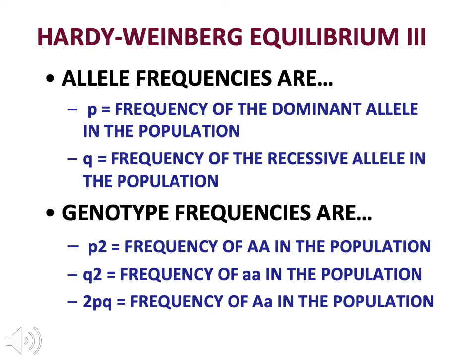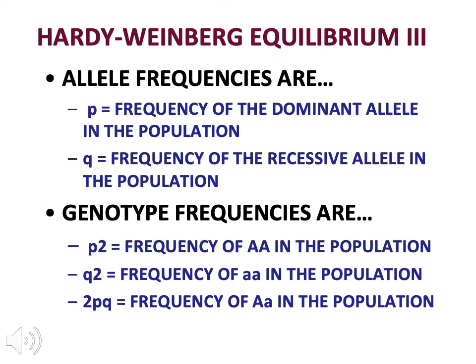You will notice under the bullet point genotype frequencies on the particular slide, I've designated big A as the dominant allele, little a as the recessive allele, and you will see over there on the left the expressions that correspond to that. If P is the frequency of the dominant allele in the population, well then P squared, or P times P, is going to be the frequency of homozygous dominance in the population.